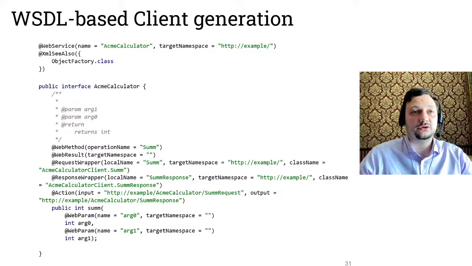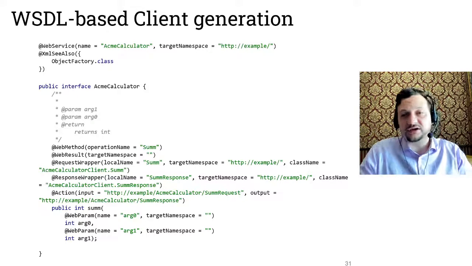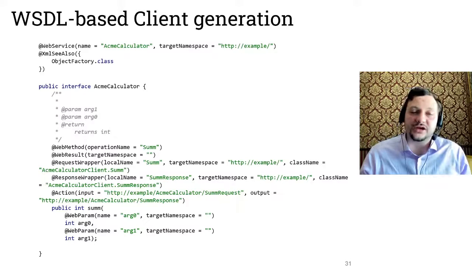So here we can see that the client can be generated automatically by the same mechanisms that you used to create the WSDL document. There are specific parsers that you can give the address of the WSDL document.